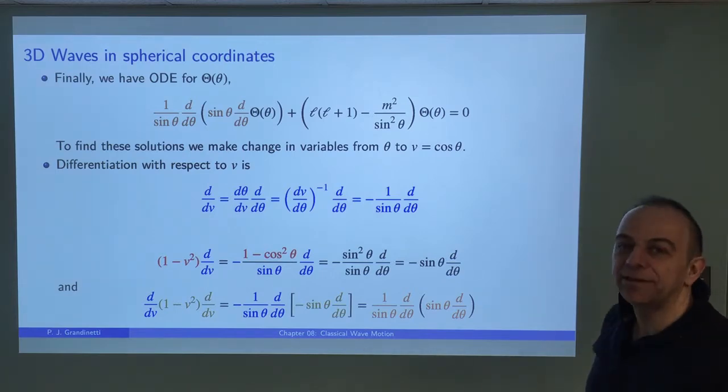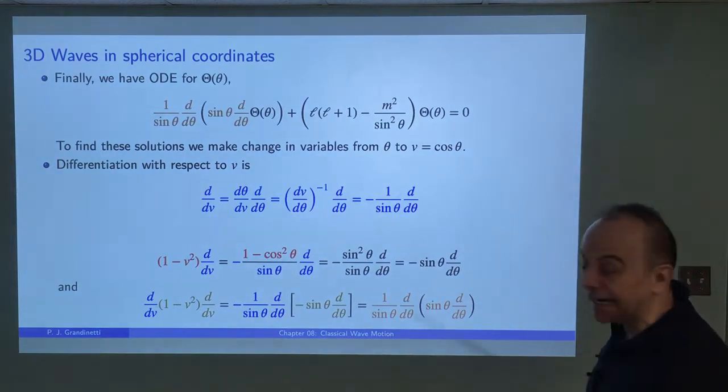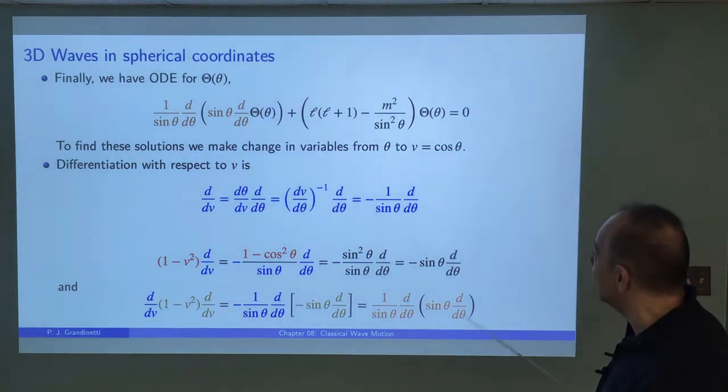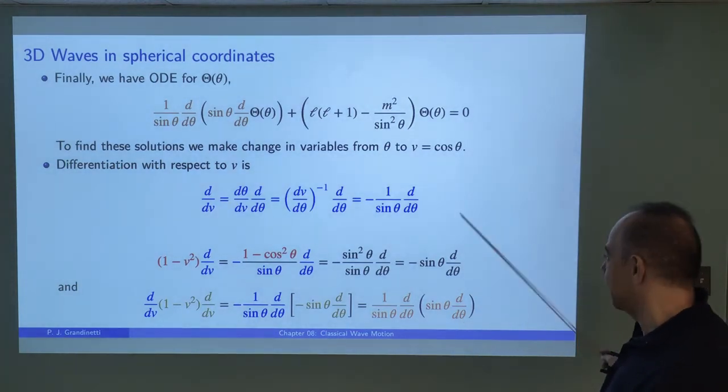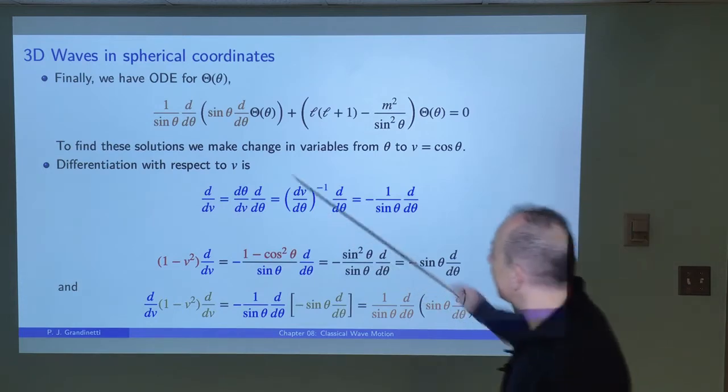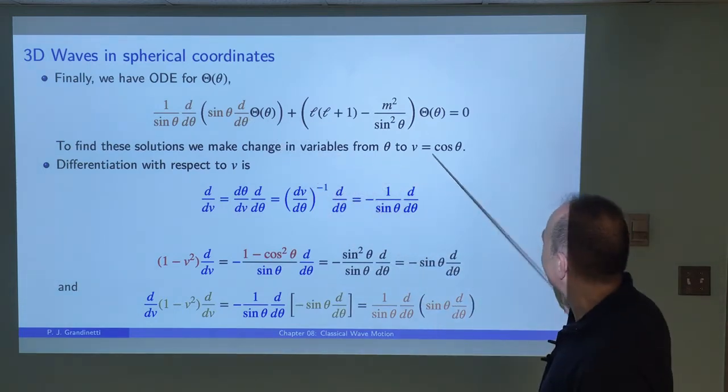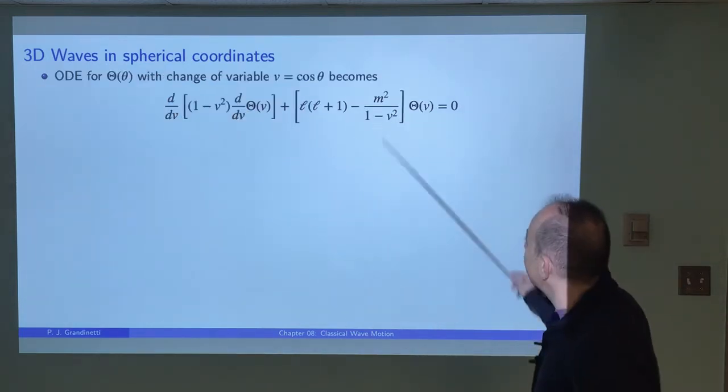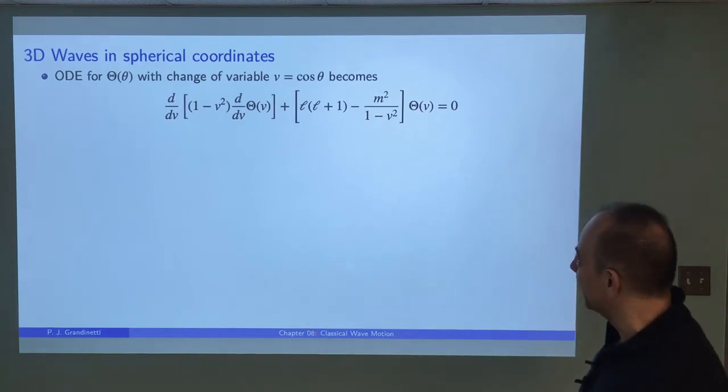Now, I wouldn't ever expect you to figure that out on your own, but I want you to know that there is a relatively simple proof to show that this term, with this change of variables, can be converted into this differential equation.